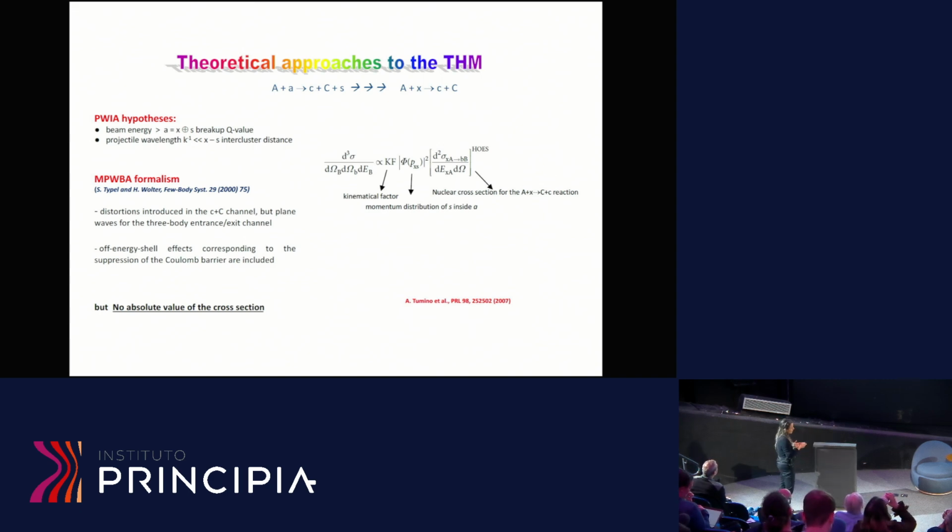We usually try to end up in what we call the plane wave impulse factorization of the three-body cross-section that we are measuring, in terms of a kinematical factor, this quantity which has inside the momentum distribution of the spectator inside A, that in plane wave is just a Fourier transform of the radial wave function describing the intercluster motion between X and S, and what you need is the nuclear cross-section for the two-body reaction of interest.